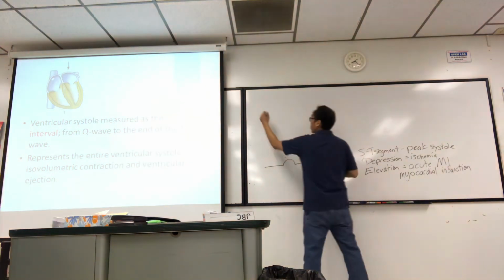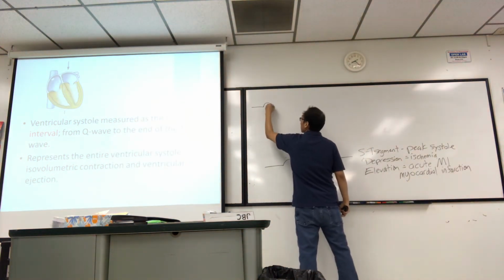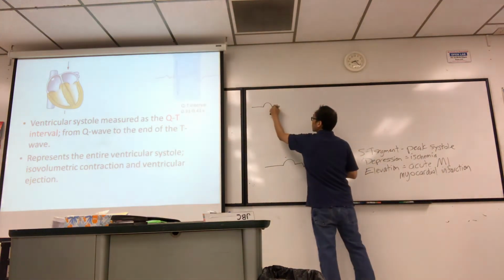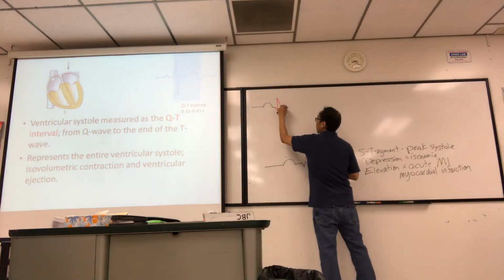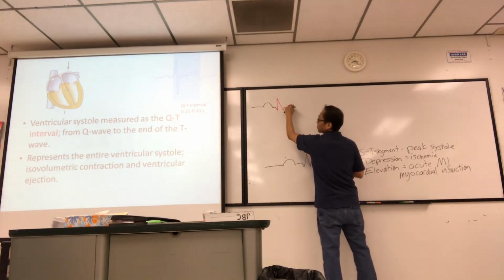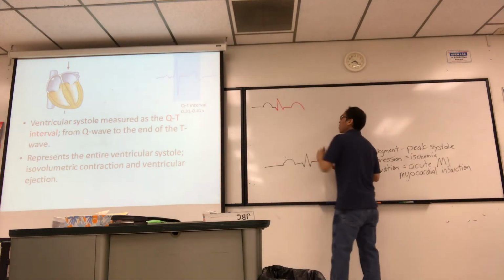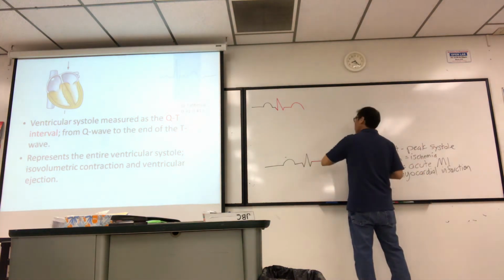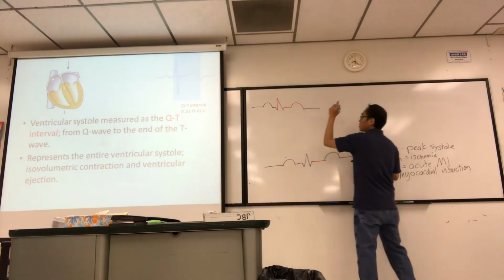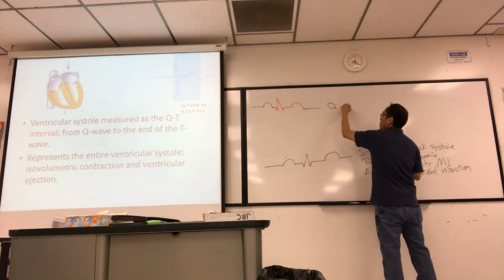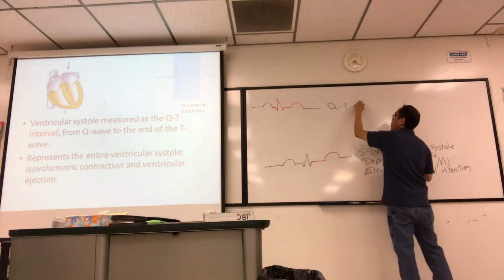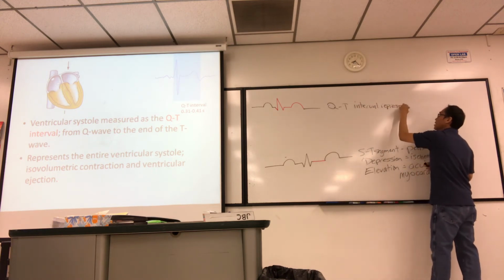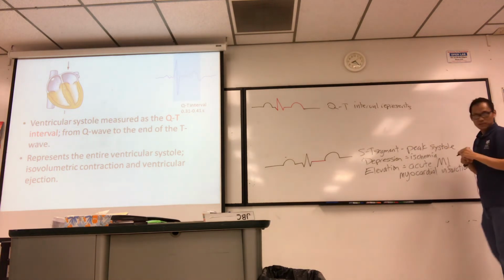What you would measure is, you'll start at the Q, get all of QRST, and then get all of the T wave as well. So that represents the QT interval, and what it represents is basically all systole.